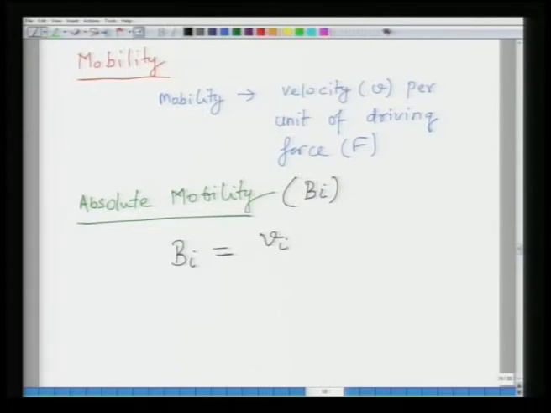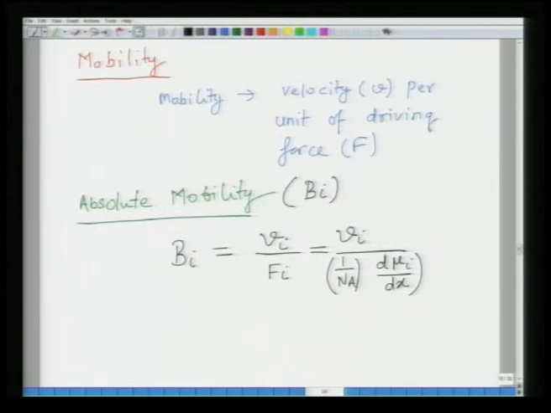Capital Bi, B for boy, is equal to Vi, this V means velocity, divided by some force, and this force can be determined as Vi divided by 1 by Na, Na is the Avogadro's number, into d mu i by dx.